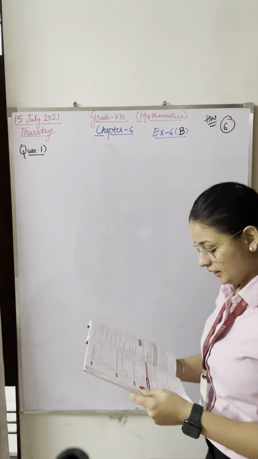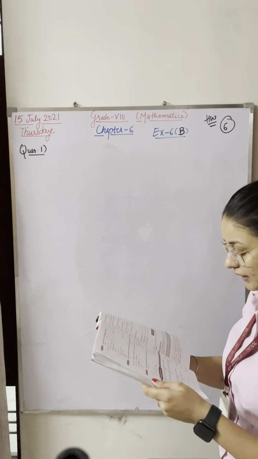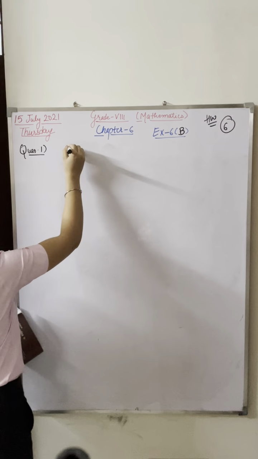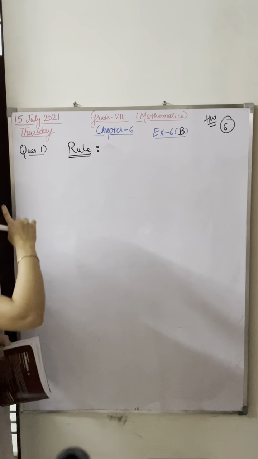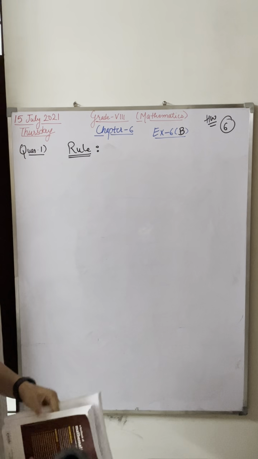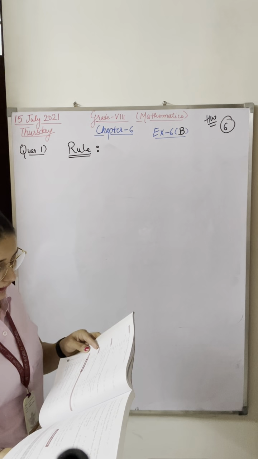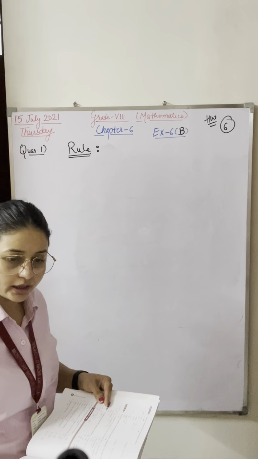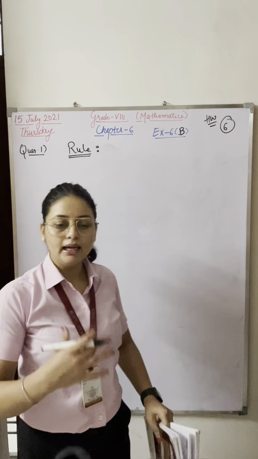Now, exercise 6B. The following numbers are not perfect squares. Give reason. Now, there is a rule for question 1. Please, first of all, learn this rule. 3 numbers are given to you. They are asking, can you tell me whether these numbers are perfect squares or not?